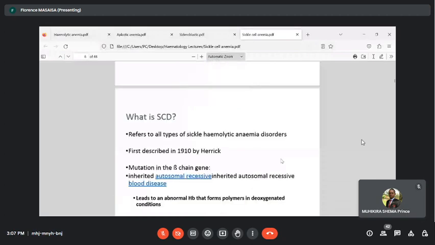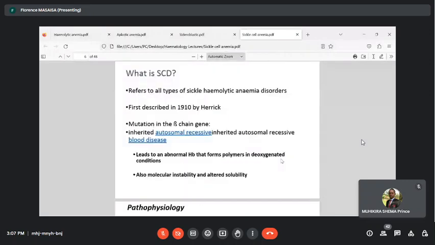So sickle cell is a hemolytic anemia disorder which was described by Eric, where glutamic acid is replaced by valine at the sixth position.